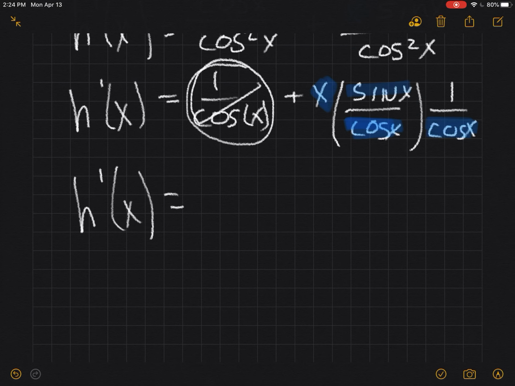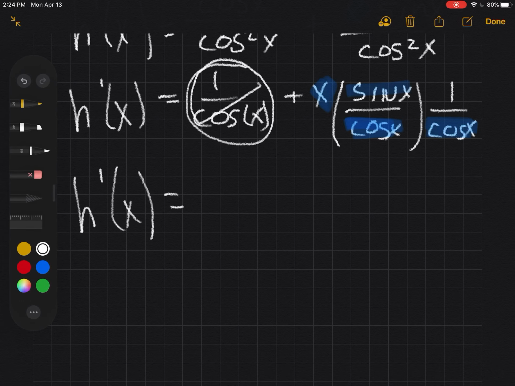So here's the trig. One over cosine x is the same thing as secant x.